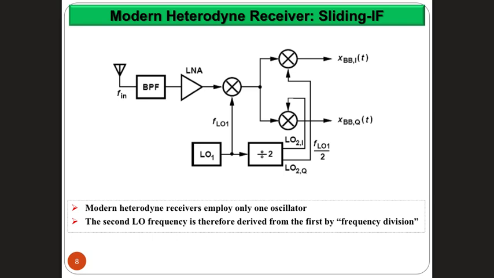Now, if I want to do this, the deriving is done by a frequency divider, and frequency dividers can only work in powers of 2. You can divide by 2, by 4, by 8, and so on. Similarly, we have frequency multipliers. They also always work in powers of 2.